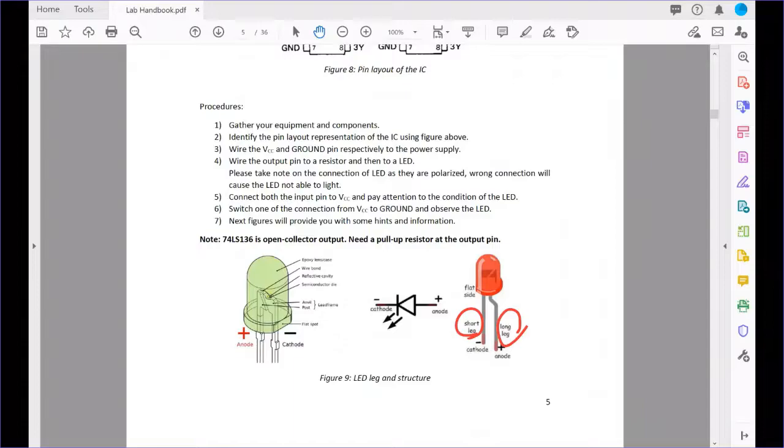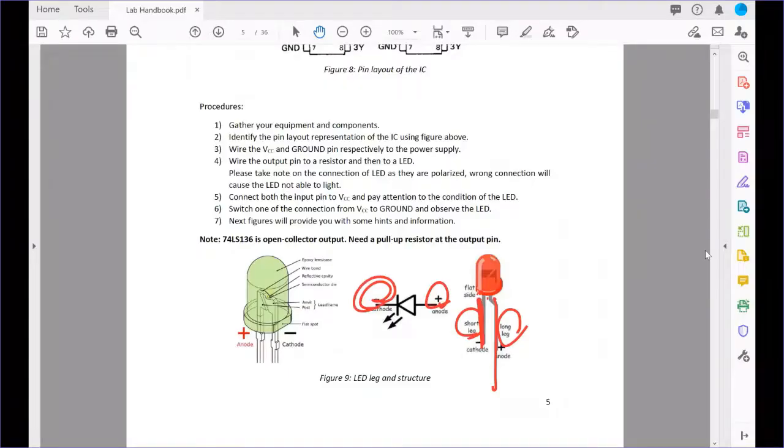Another method is if you look at the body of the LED, there's a flat side. So the flat side basically represents the negative side of your LED, which is the cathode. So these are the two simplest ways to differentiate the positive and negative. Okay, positive is the longer leg and negative is the shorter leg.